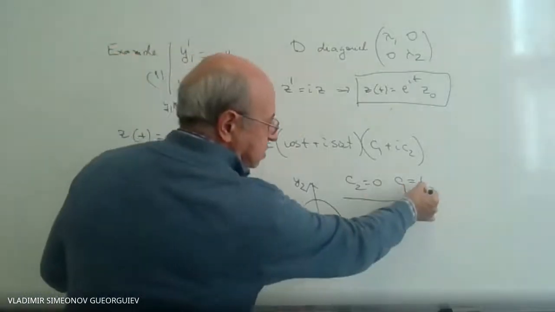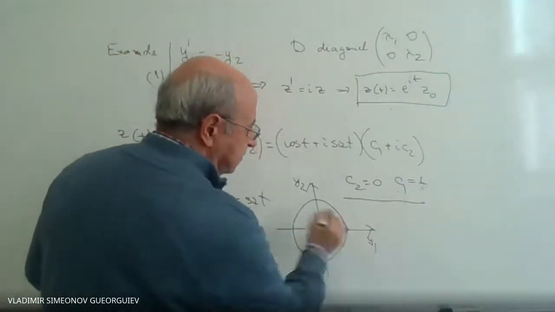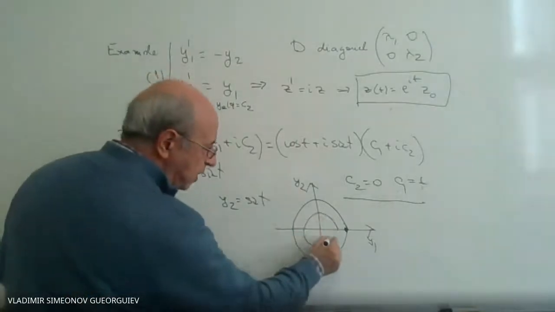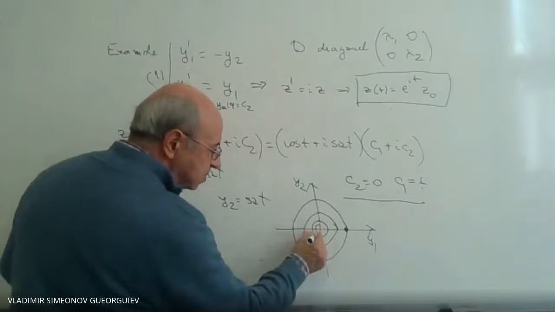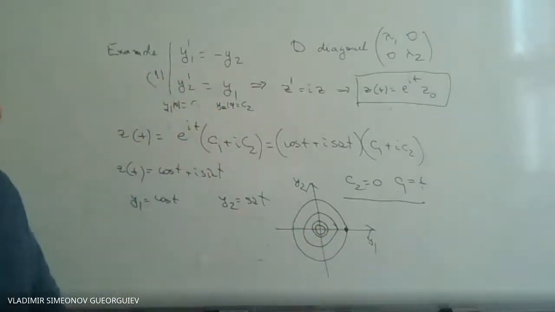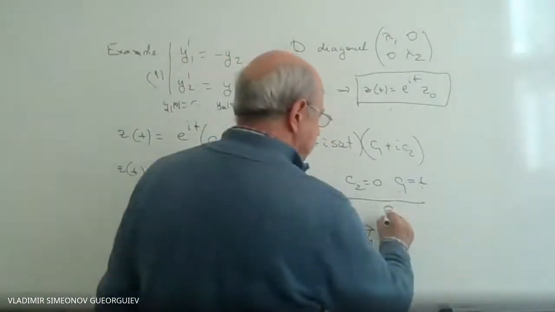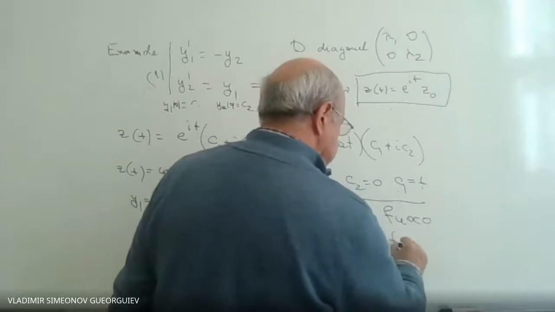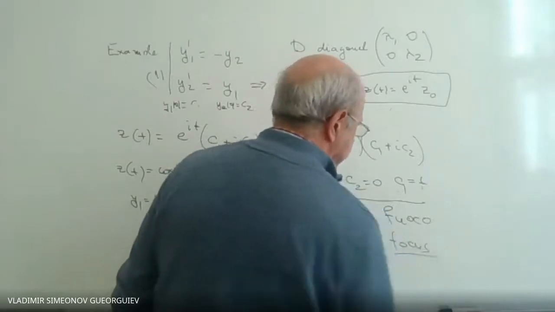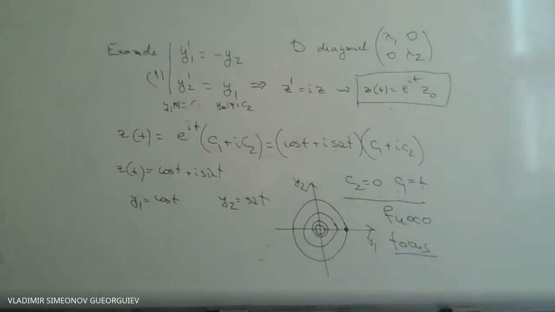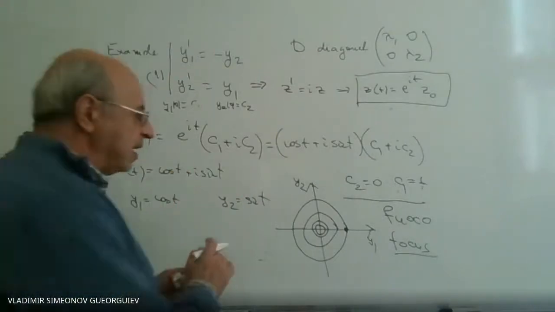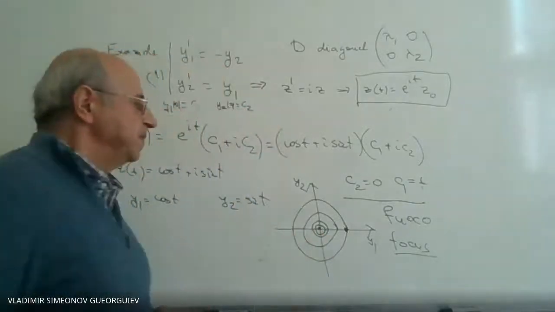This is because we started at this point. We shall see tomorrow that actually you always have circles here. And this picture, which we shall justify tomorrow, is called focus, the case when you have circles around your point.